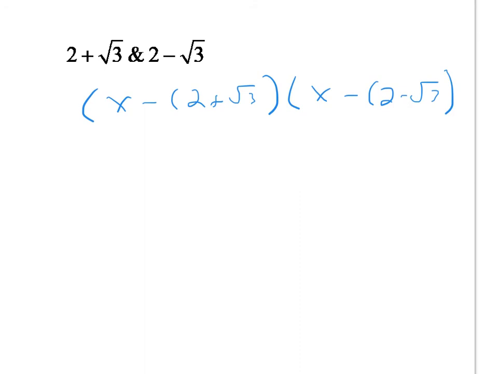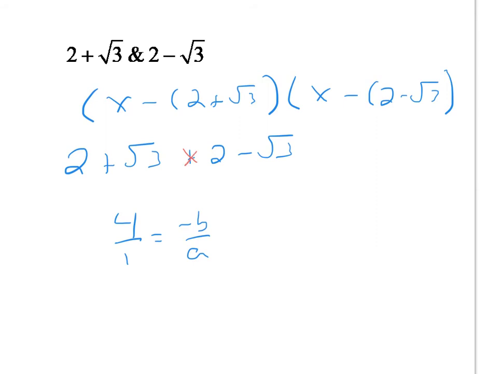If I add 2 plus root 3 plus 2 minus root 3, I can see that my root 3's will cancel, and I have a sum of 4. So 4 over 1 is equal to negative b over a. And if I multiply these two roots, I can see once again I'm going to have conjugates, so I'm just going to multiply. 2 times 2 is 4, minus root 3 times root 3 is 3, equals 1.